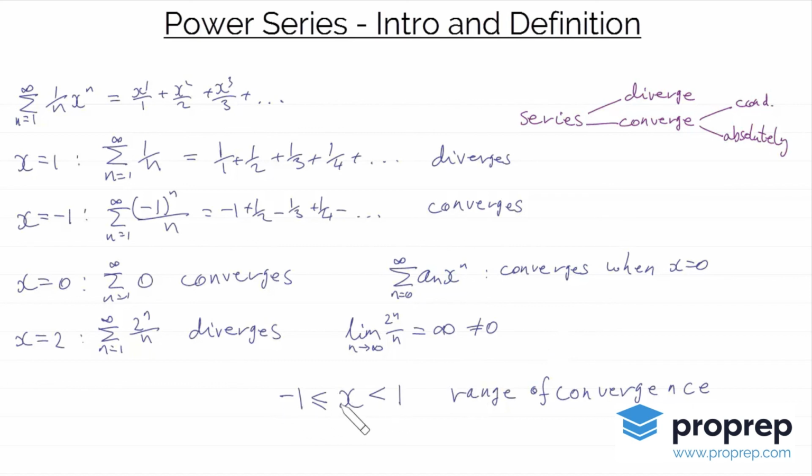It's always a contiguous interval, so it's more commonly called the interval of convergence. And I've even seen region of convergence, so range, interval, region of convergence.